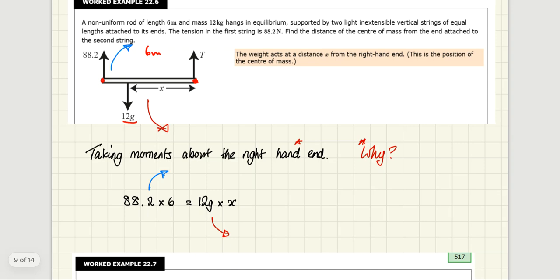And then that is equal to 88.2 times 6. The 6 because that's the length, and it's going in the opposite direction, and it is in equilibrium. So I know this side equals that side. So you can now calculate x, no problem. I'll let you do that.